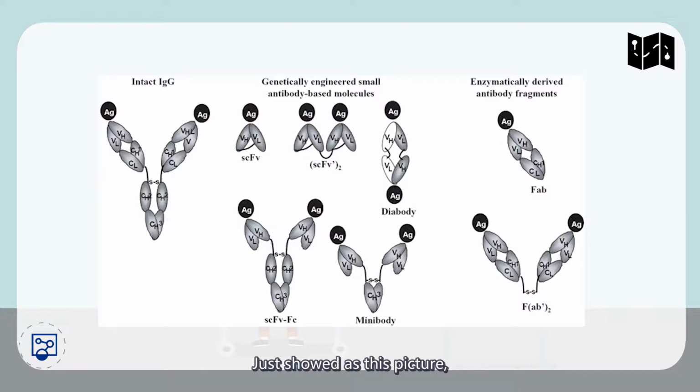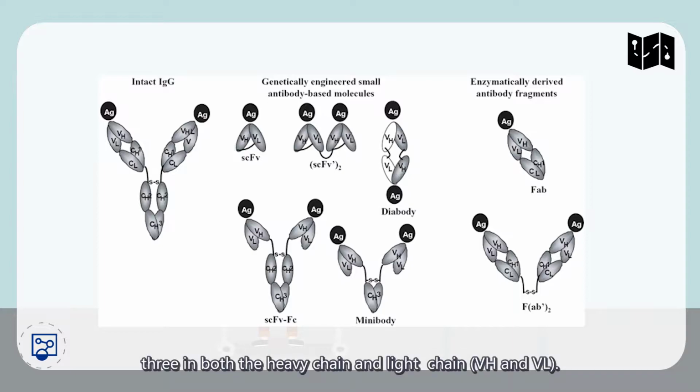As shown in this picture, the antigen binding specificity of a monoclonal antibody is dictated by the 6 complementarity determining regions, we call CDR, that are found in its variable domains, 3 in both heavy chain and light chain, we call VH and VL.